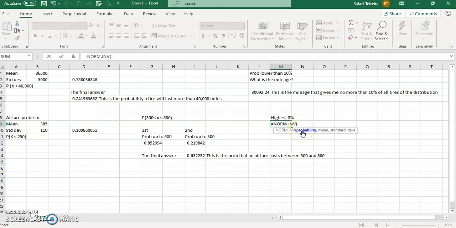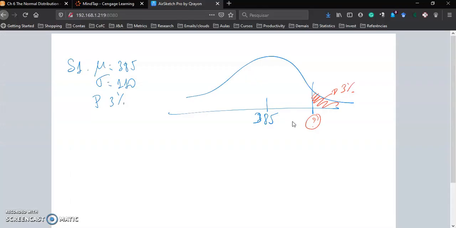So what's the probability? If we type 0.03, which is 3%, Excel will understand that we're talking about this tail here, 3%. Okay? So this is what Excel understands.